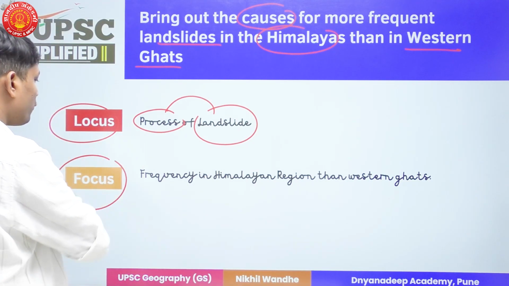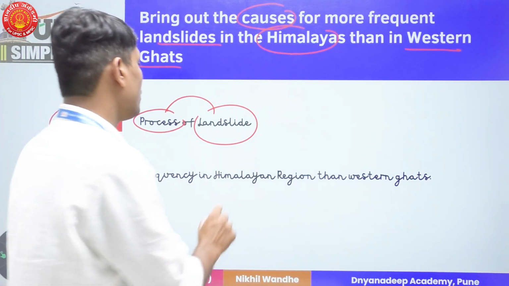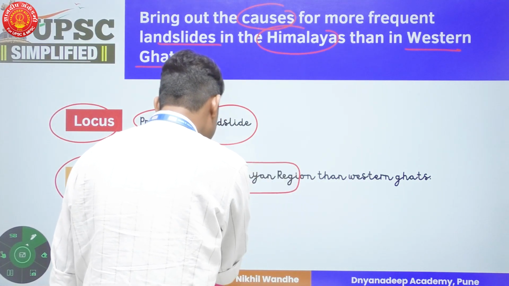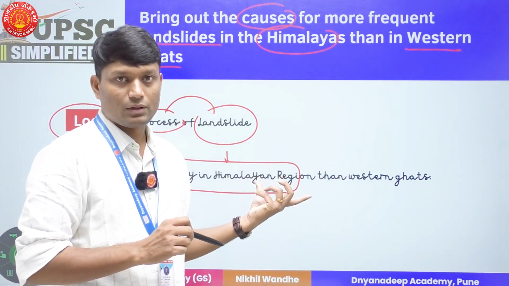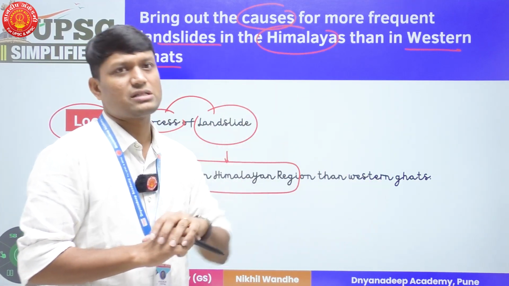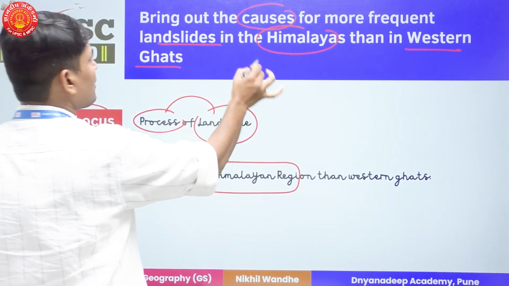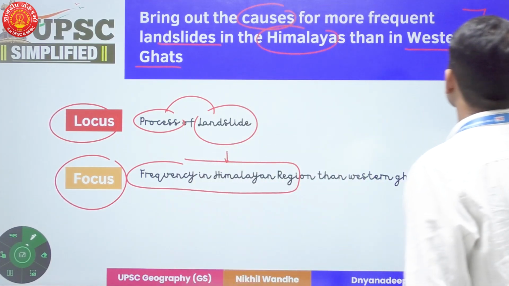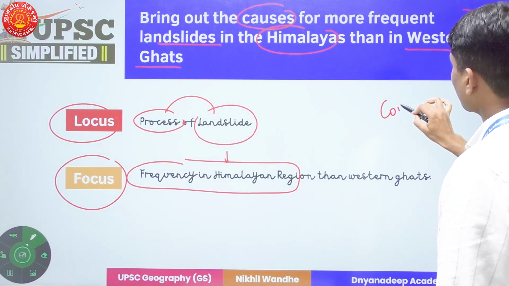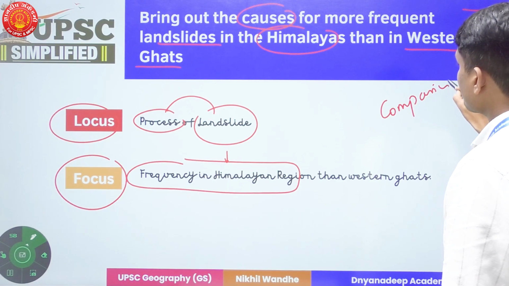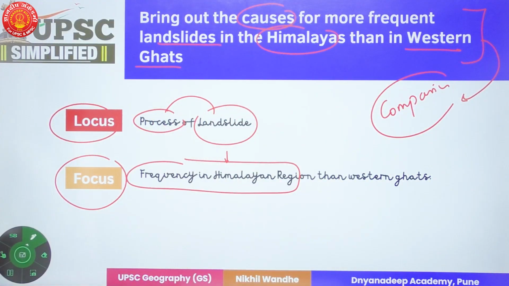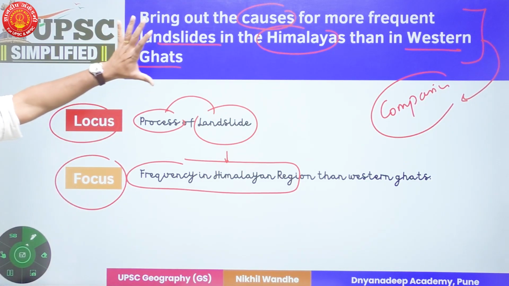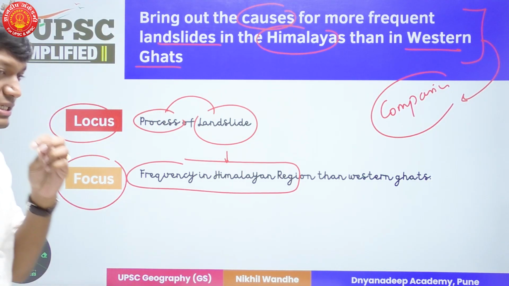And when it comes to focus, I have to focus on the frequency of landslides, or why there is more landslide in the Himalayan region as compared to Western Ghats. Now, typically, if you read this question, this is a comparison based question. Okay, so we have understood what exactly has been asked and the nature of this question.